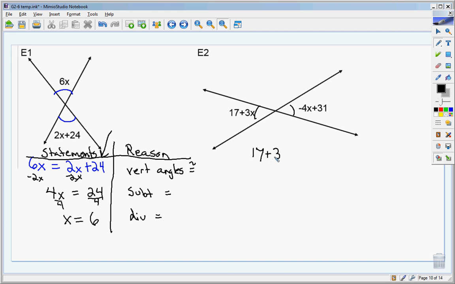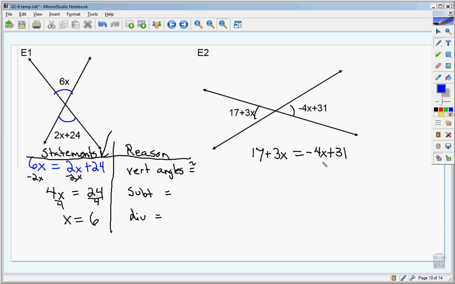So 17 plus 3x must be equal to a negative 4x plus 31. By the way, my next step and your next step could be different at this point. The first step would have to be the same in order to get it set up. What do you think I'm going to do next?